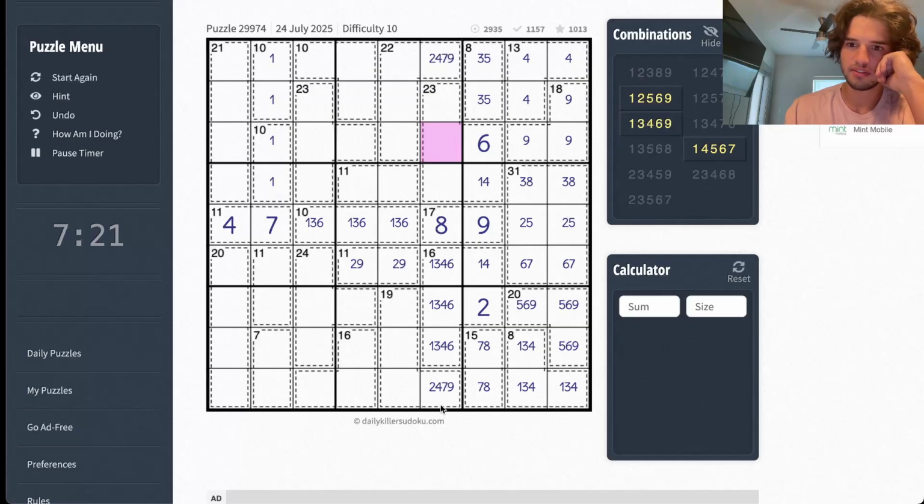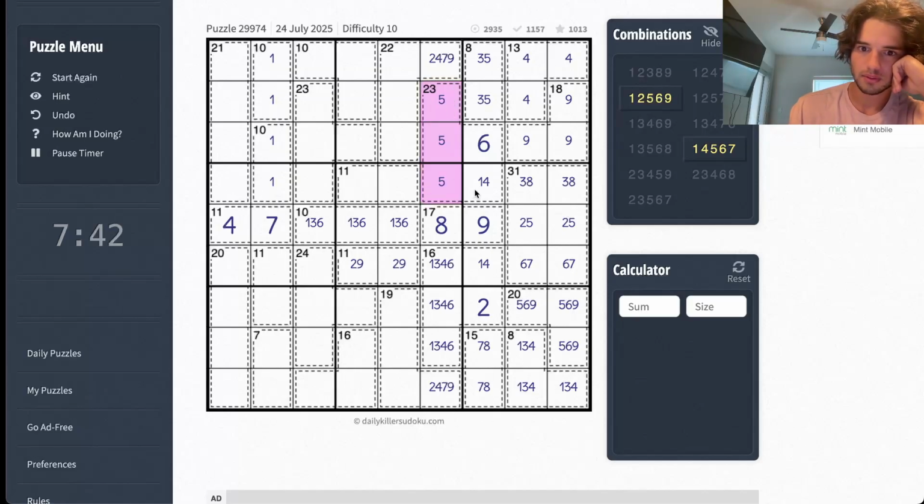Yeah, where does your 5 go in this block now? Because that 11 couldn't be 5, 6. So 5 has to go in here, which eliminates those. And then you get a 1, and then 2, 5, 9, which would leave a 4, 7.